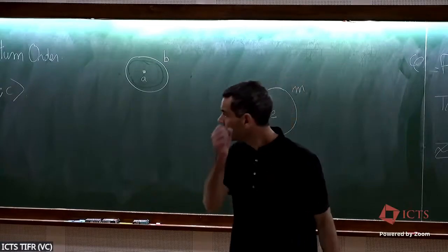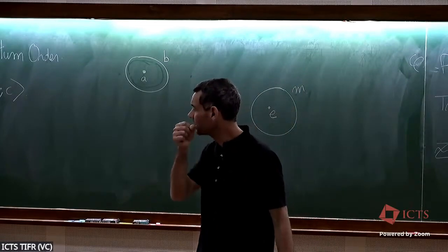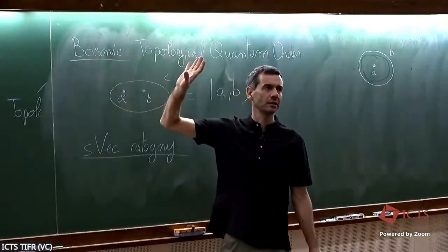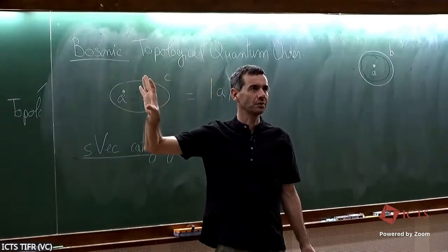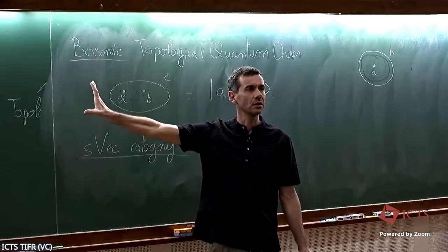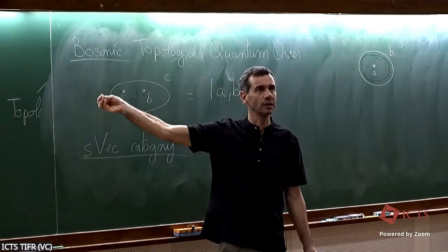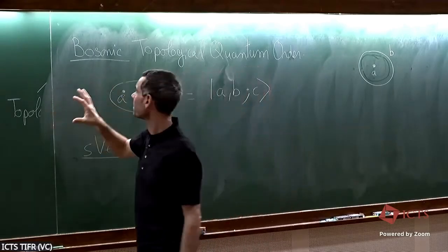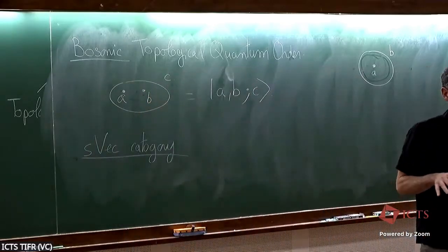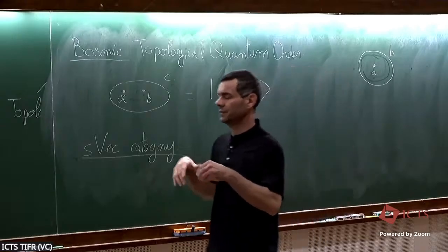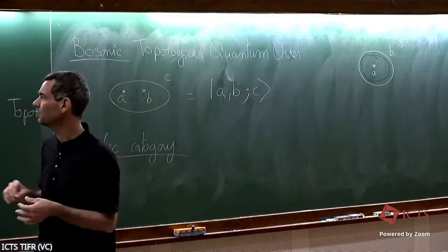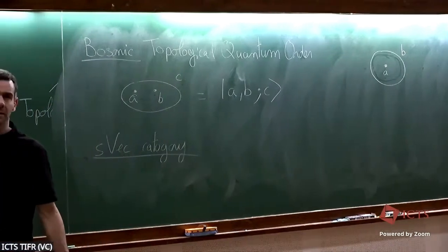That's what I tried to explain. The word bosonic here is just to remind you that your microscopic degrees of freedom, which you never discuss in everything I did here, are bosonic. And you will get a unique vacuum out of that. So the only constraint is that if I have a physical system made of bosonic degrees of freedom, and there is a topological phase built out of these bosonic degrees of freedom, it will be described by a UMTC.